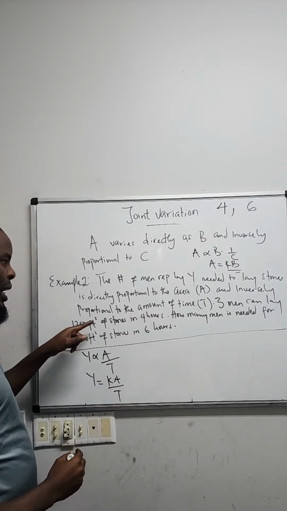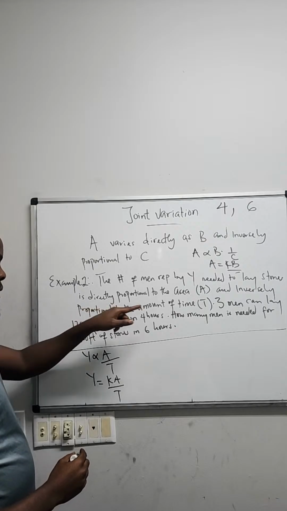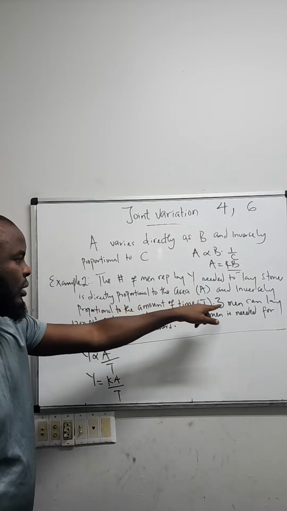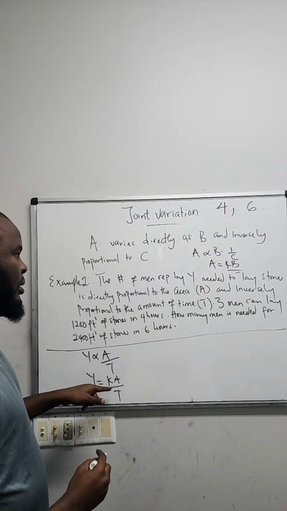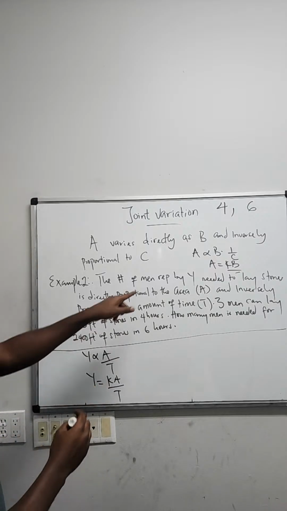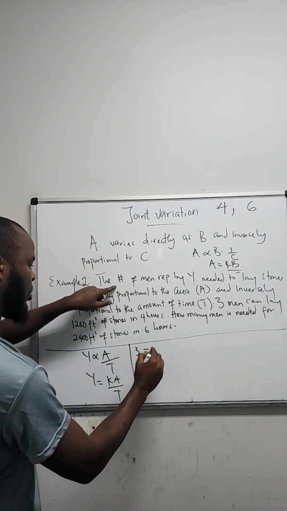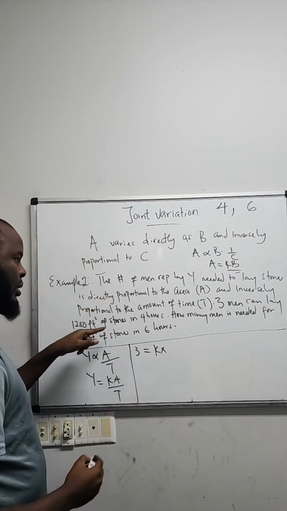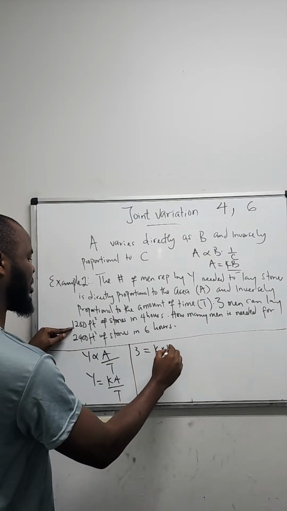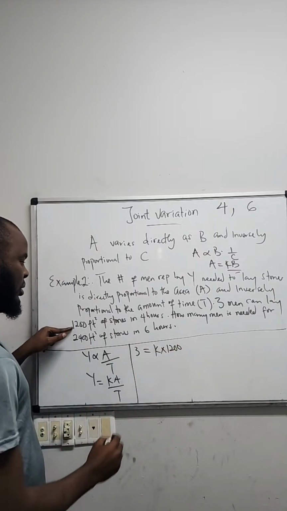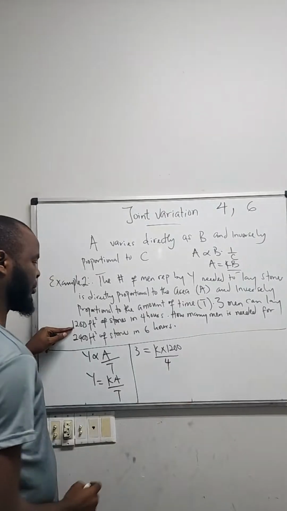So now we have 3 men. Y is 3, equals k times the area, which is 1,200, over the hours, which is 4.